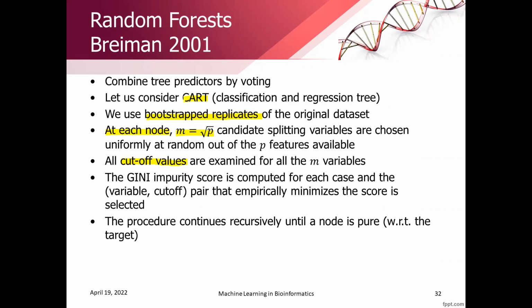And for the CART algorithm, the criterion for selecting the attribute for splitting a given node is called Gini. I don't know how to pronounce it correctly in English. Gini score, which should measure impurity of the sets in the nodes of the tree, and the goal is to obtain pure subsets.